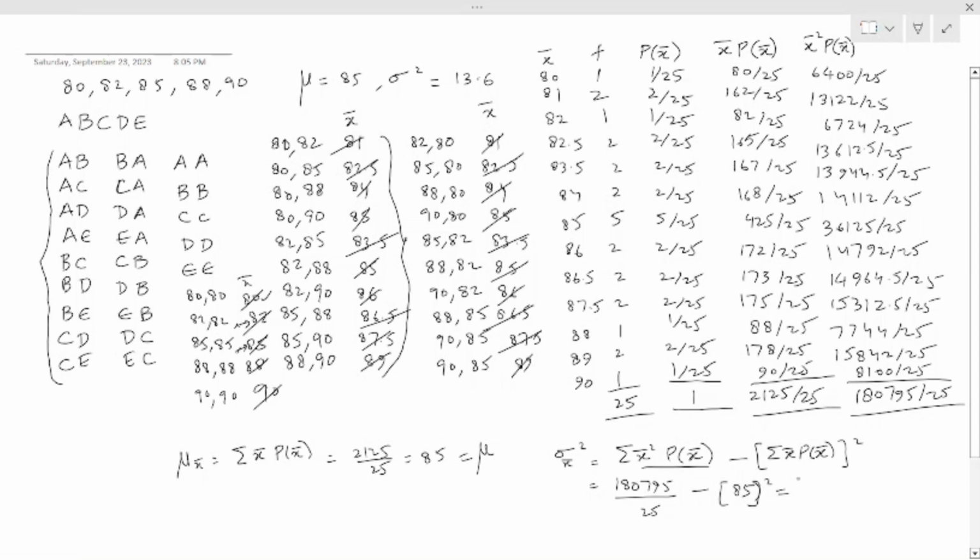When we divide 180795 by 25, we get 7231.8. Take away 85 squared, which is 7225, and we get the variance as 6.8. So this is how we get the answer for the variance for sample size of 2.